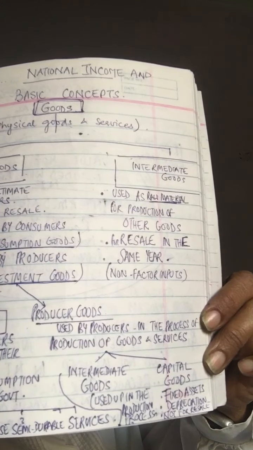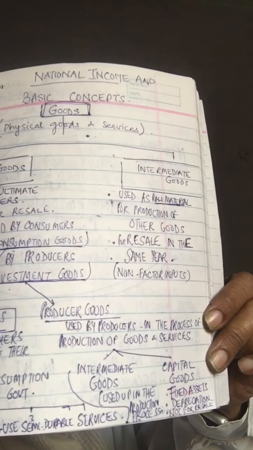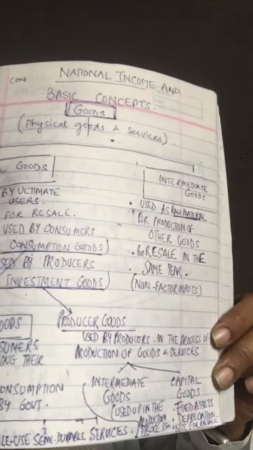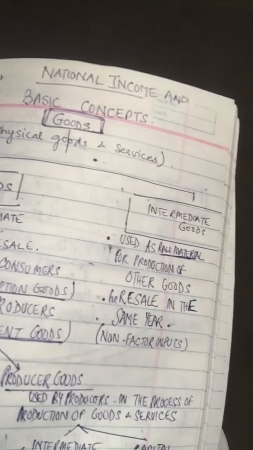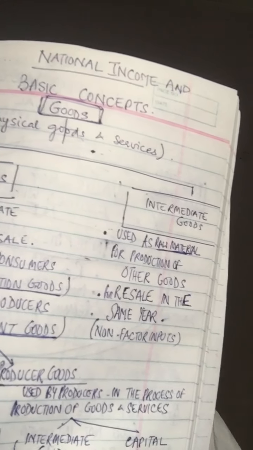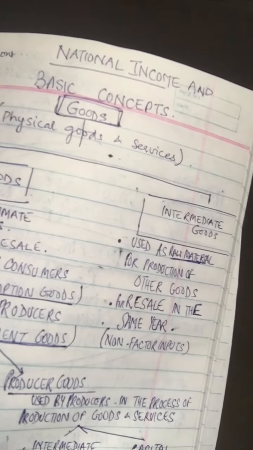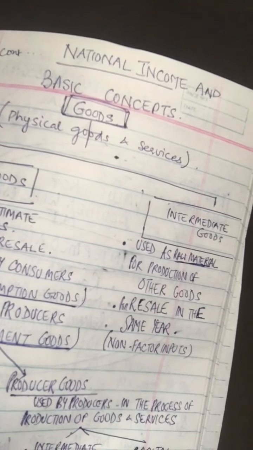For example, let's take biscuits or a cake. In this, sugar is used here. Suppose a sugar mill purchases sugar cane from the farmers, which is used to produce sugar.